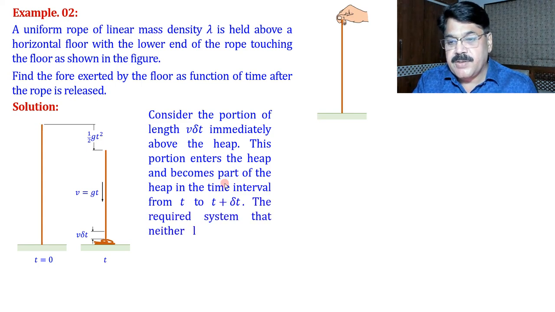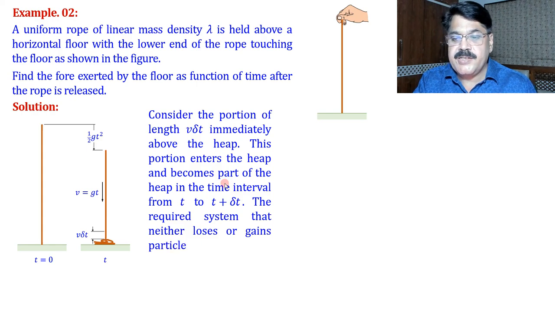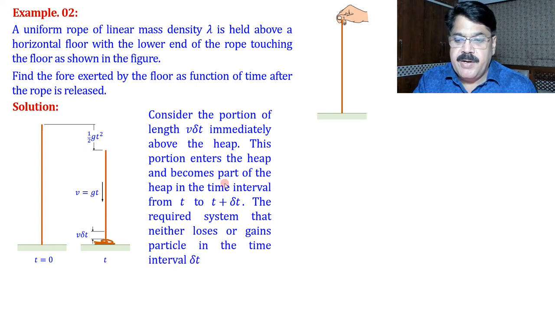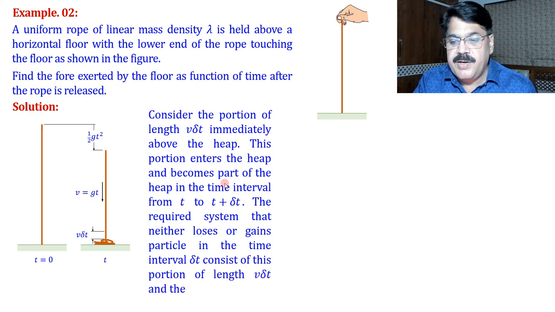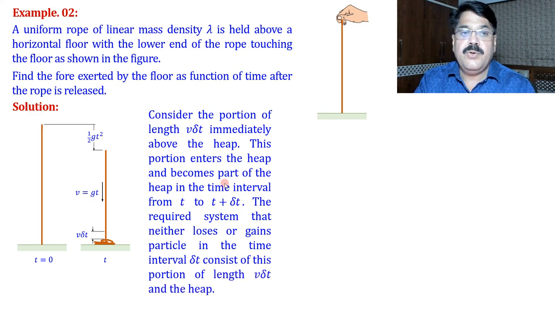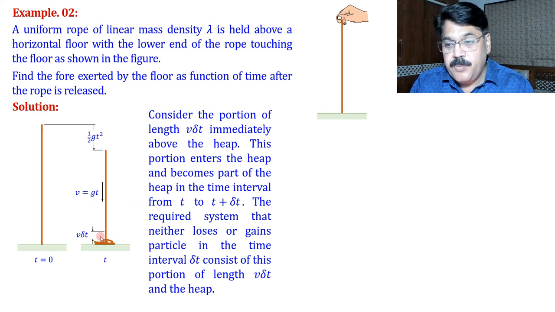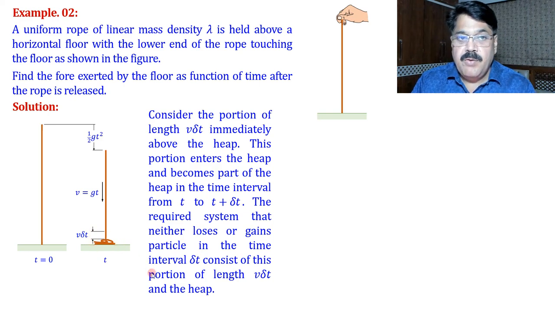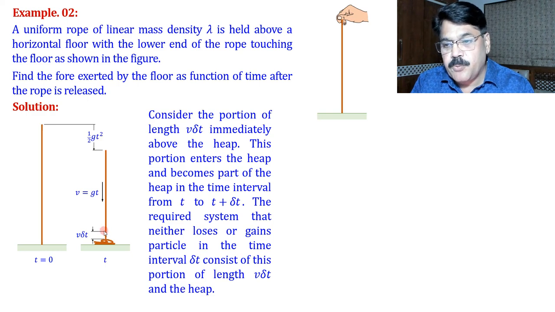The required system that neither loses nor gains particles in the time interval dt consists of this portion of length v dt and the heap. So if you find the analogy with the previous problem, the heap is P and this is Q, and this is a system which neither gains nor loses particles.